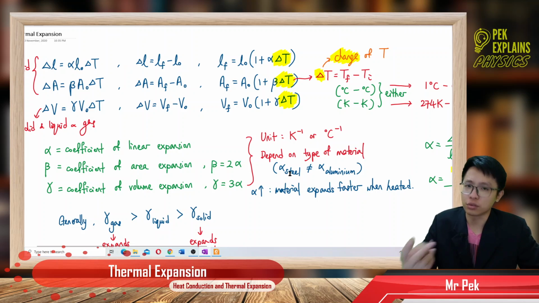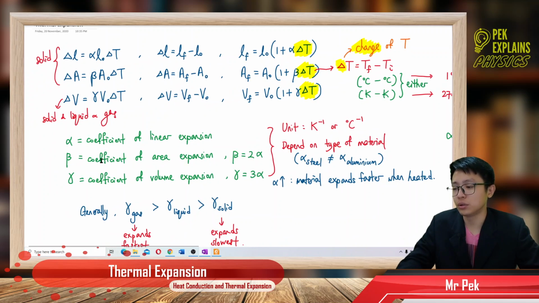Steel expands slower compared to aluminium. So if alpha is higher, it means that material, like aluminium, will expand faster when heated. If alpha is low, it means that material expands slower when heated.